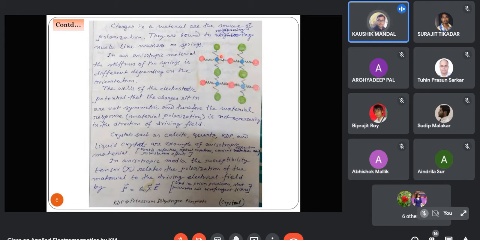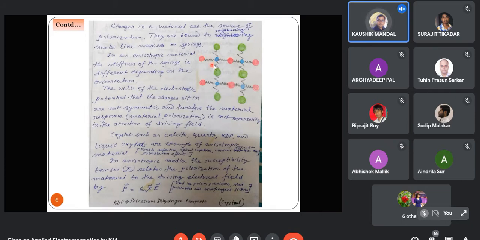So if we consider this type of inner structure or molecular structure for a particular material, that may be isotropic, that may be anisotropic, we are basically concentrating on the molecular structure of anisotropic materials. Now in case of anisotropic material, the stiffness or the strength of the springs by which the electric charges are connected with the nuclei are not the same. That is the most important point.